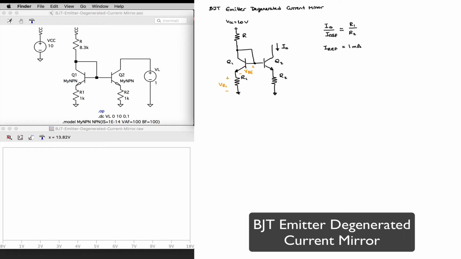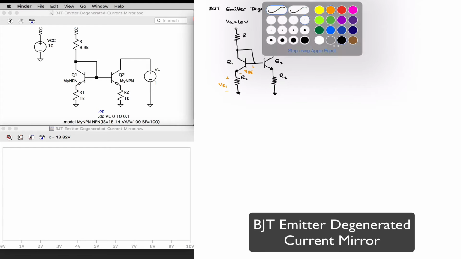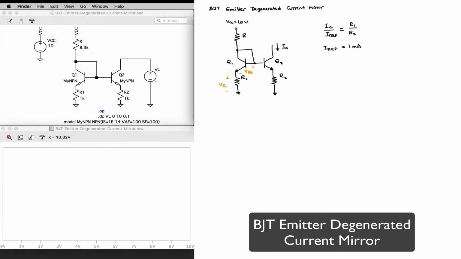Let's imagine that I want to allocate 1 volt to be dropped across R1, and for the sake of a simple example, let's assume that I want both Iref and Iout to be equal currents. So in that case, I want VR1 to be equal to 1 volt, which means R1 will be equal to 1 volt divided by 1 milliamp, or 1 kilo ohm.